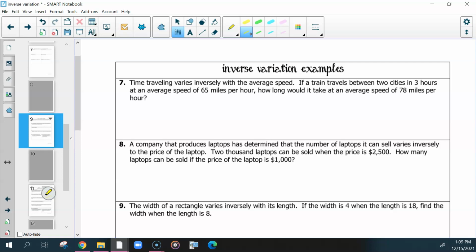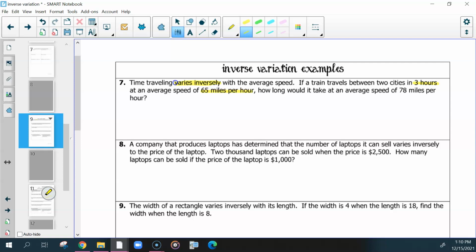So we know that this is an inverse variation, like I said before in the direct variation video. It usually says what it's doing. Varies directly, varies inversely. It'll say something along those lines so that you know which one it is. Okay? And then we have our numbers, 3 hours, 65 miles per hour.